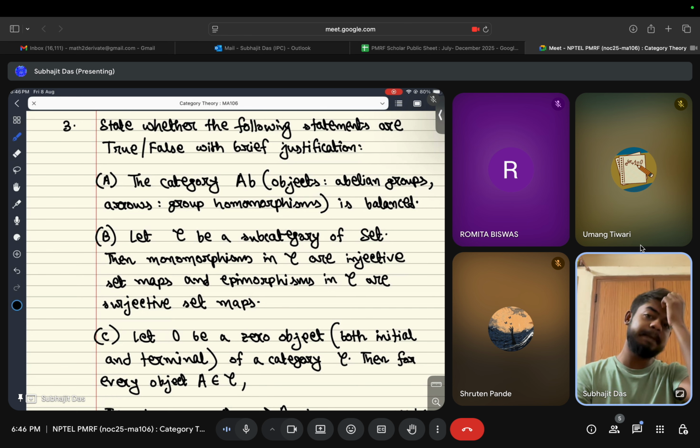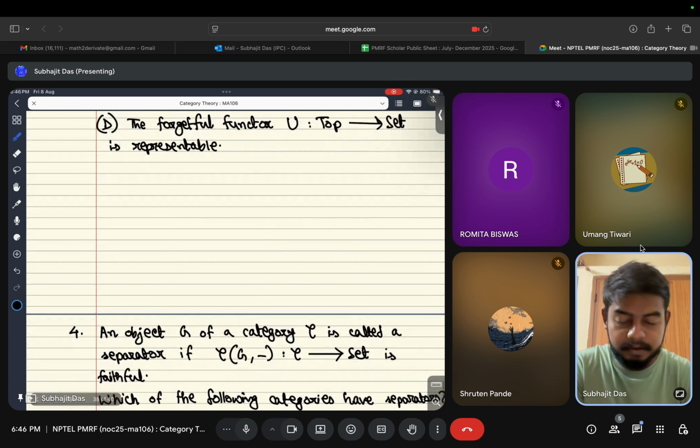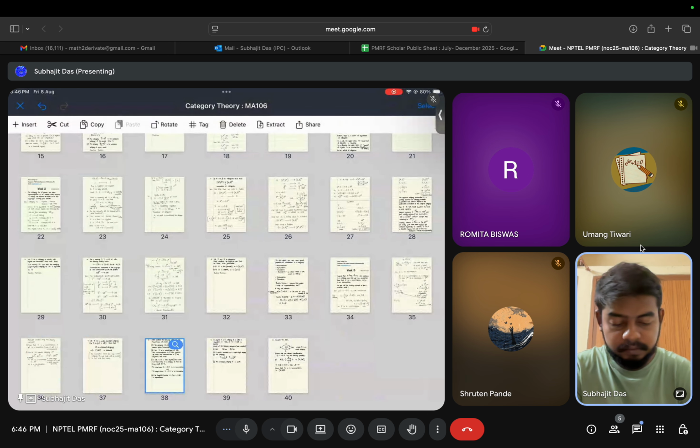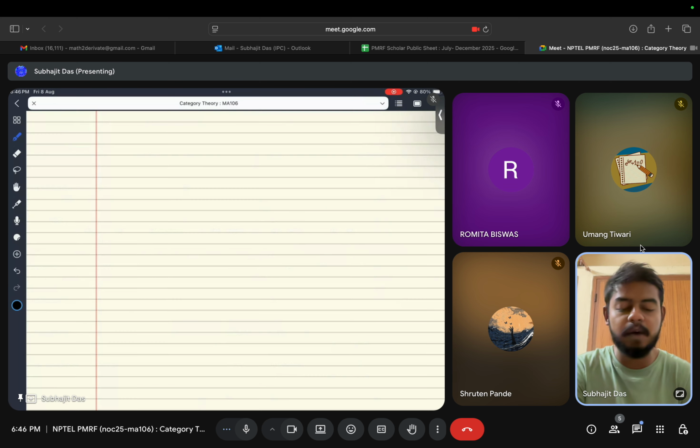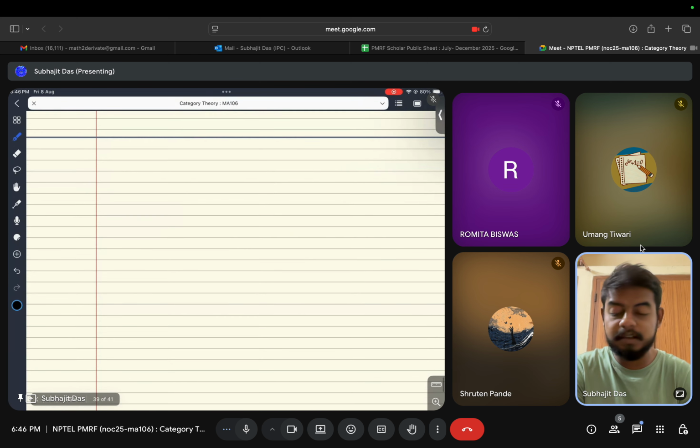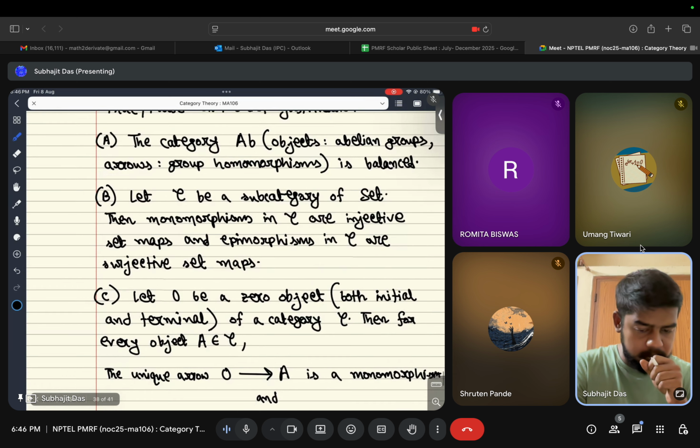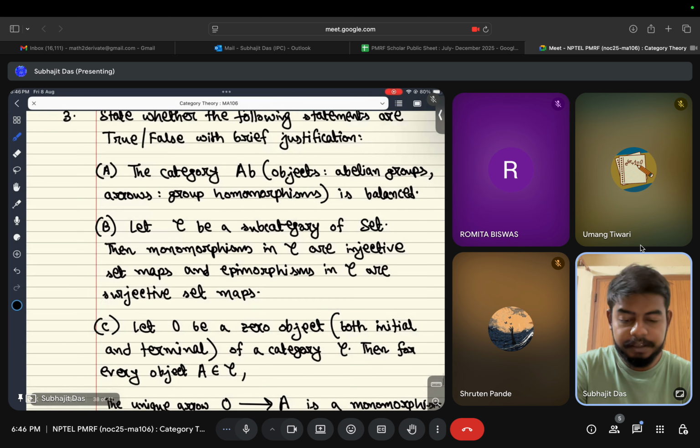But for the concrete category AB, what we plan to show is that monomorphisms are injections, epimorphisms are surjections. So let's quickly show this. And the idea is somewhat like how you do it for sets.